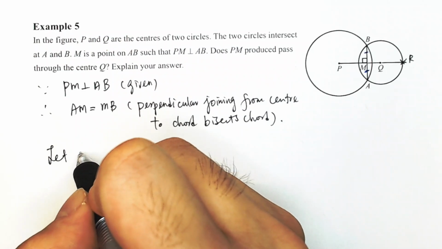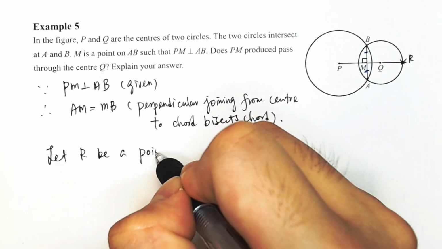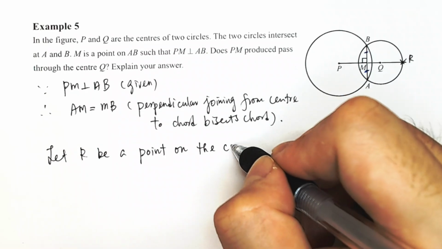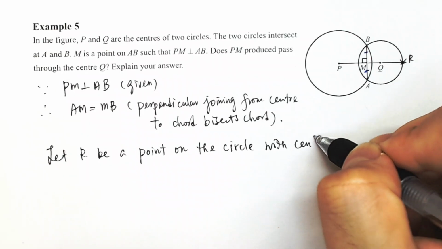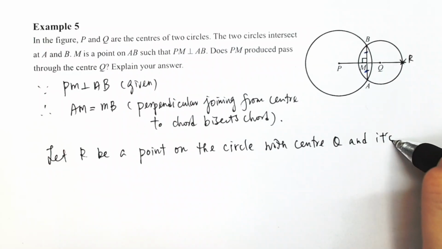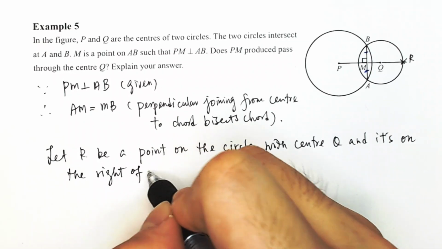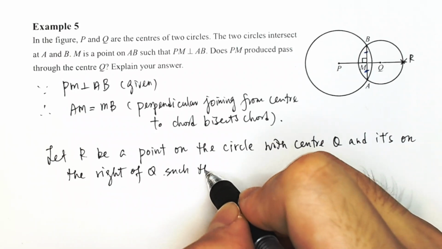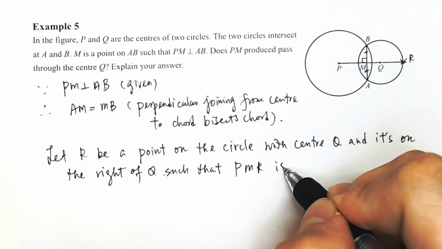Let R be a point on the circle with center Q and on the right of Q, such that PMR is a straight line.